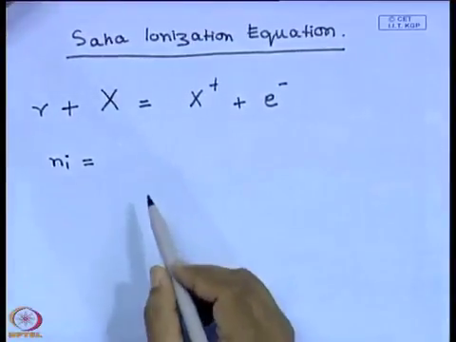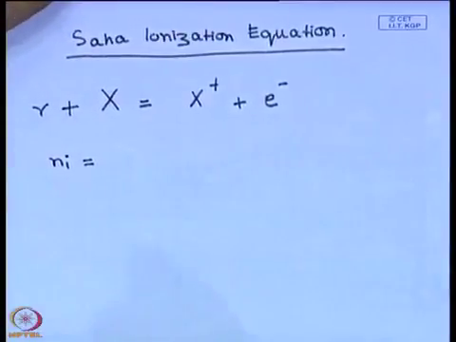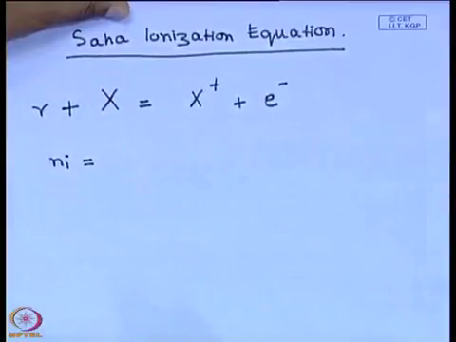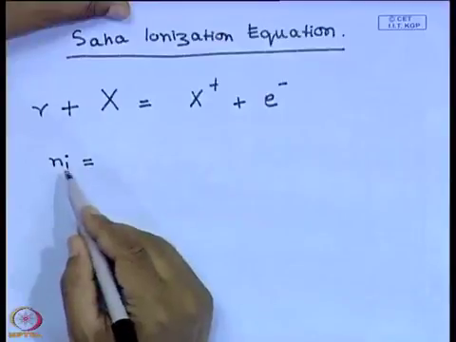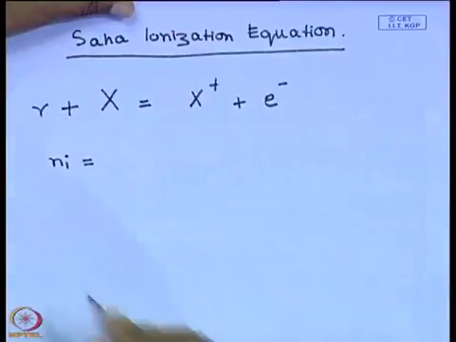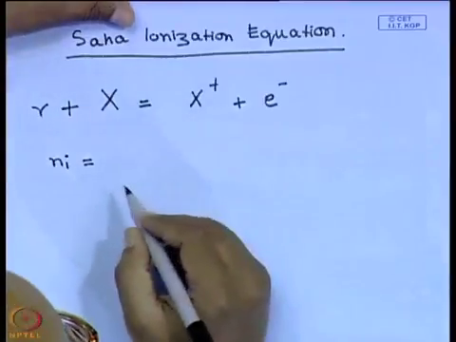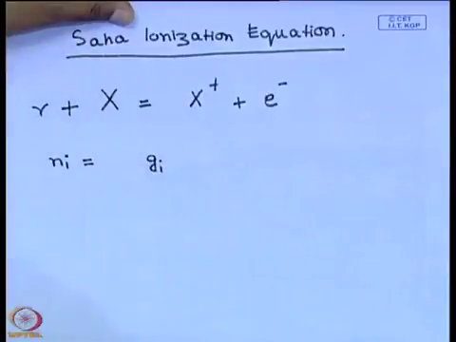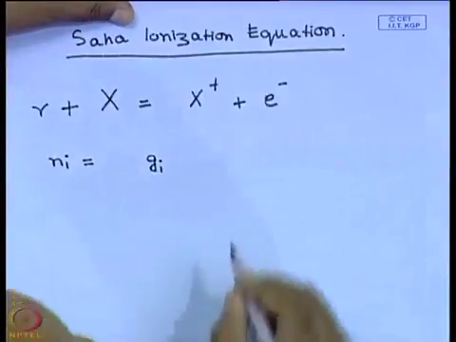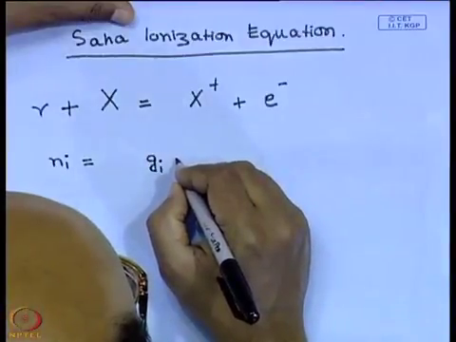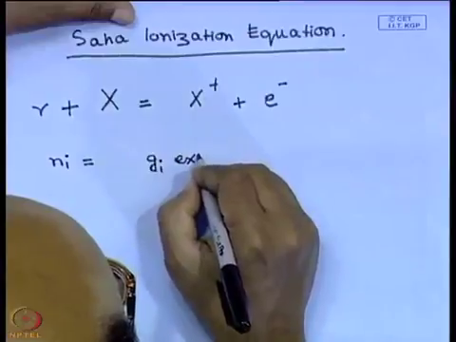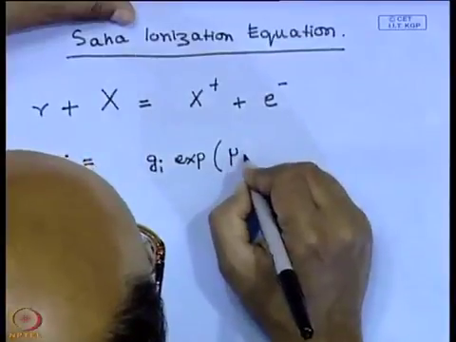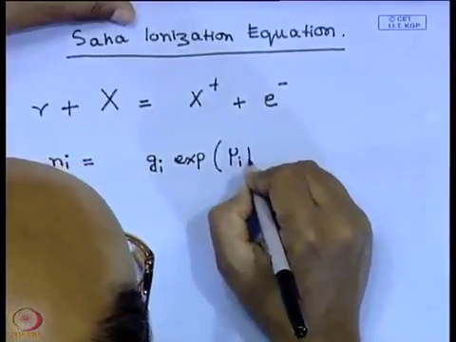The Maxwell-Boltzmann distribution tells us that the number density of particles with any specified value of momentum is given by g_i into exponential mu_i into beta.